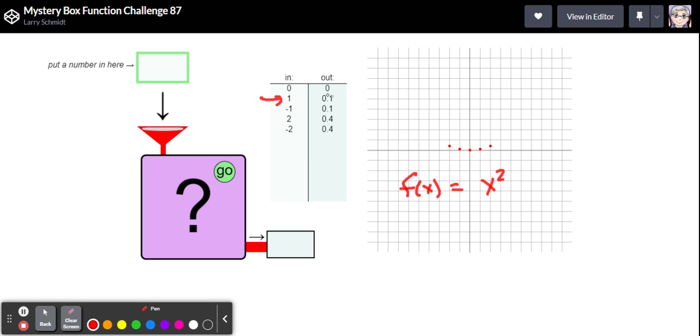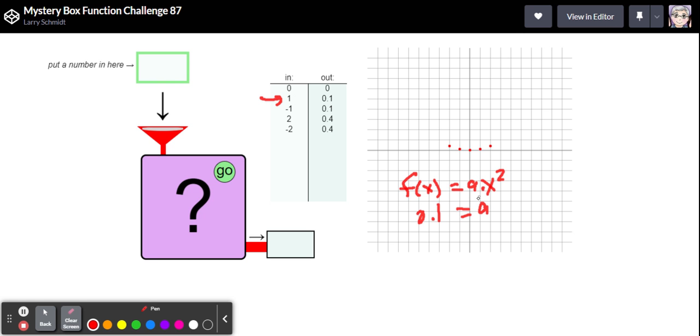If I put in 1, I want to get out 0.1, but I don't know what the multiplier is. So here's what I'm going to do. I'm going to put in a variable. I'm going to call that a times x squared, and then I'm going to put in my number for x and my number for y and solve that equation. So I'm going to put 0.1 for y, that's on the f of x side. Then I'm going to leave my a there because that's what I'm trying to find out.